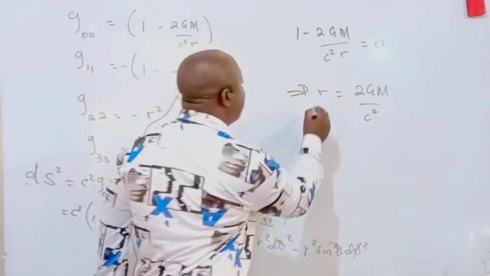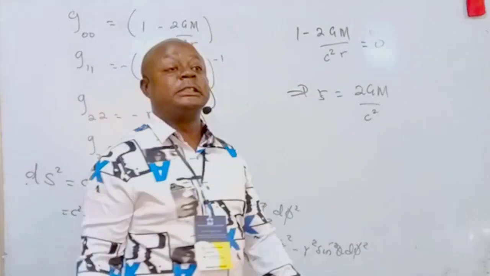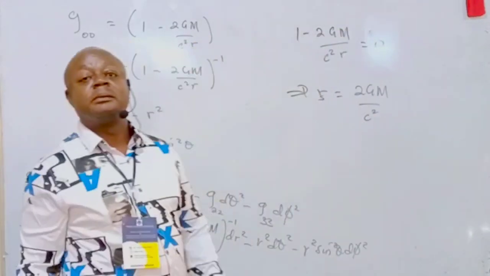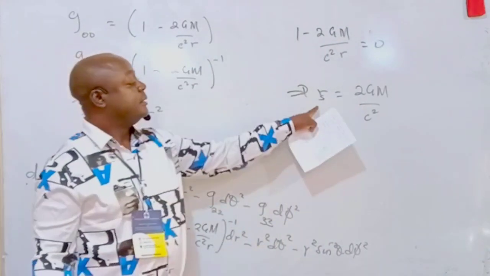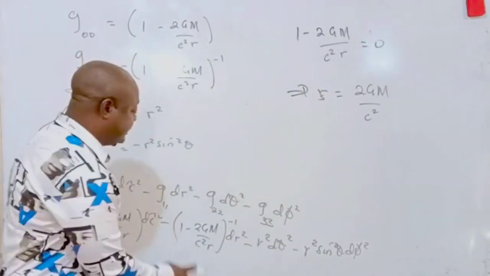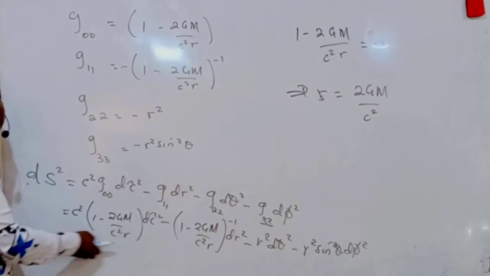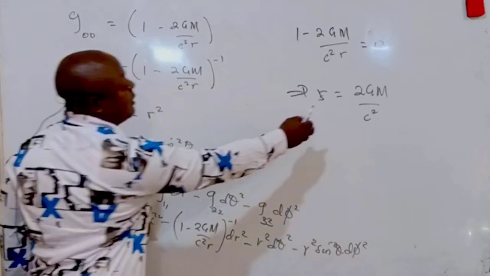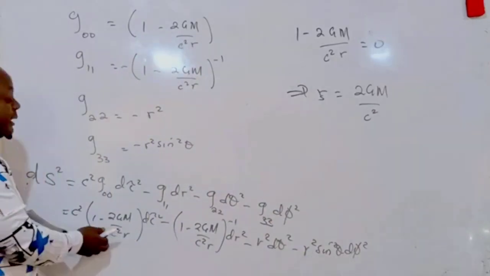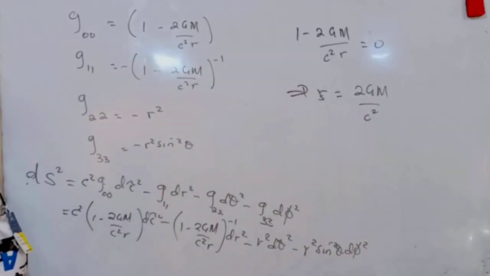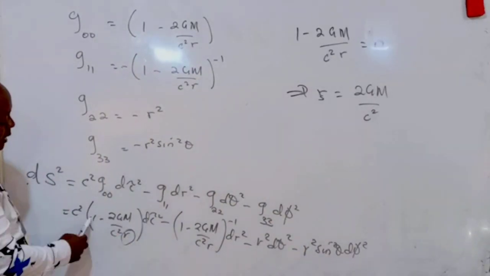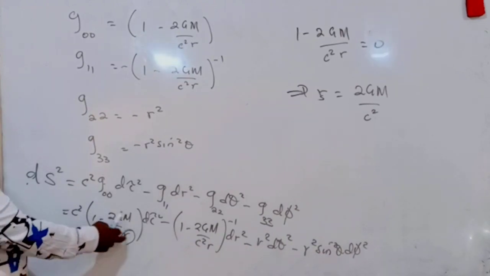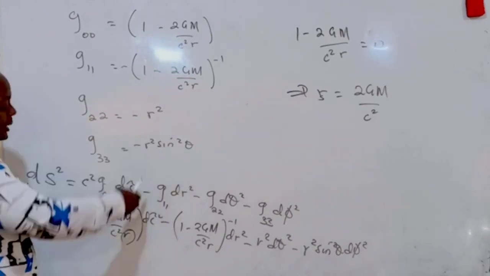We'll give that r a subscript s, showing that it's a special r that makes this line element undefined. If you substitute that r here, you have 1 minus 1, and it will be 0.